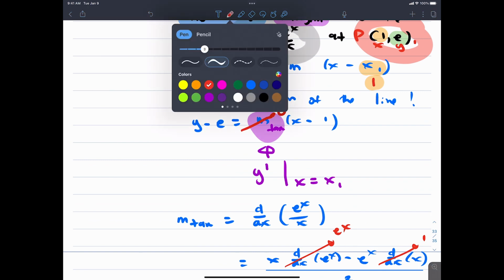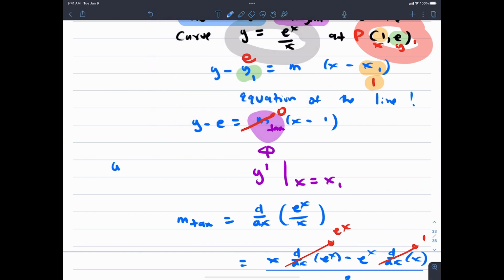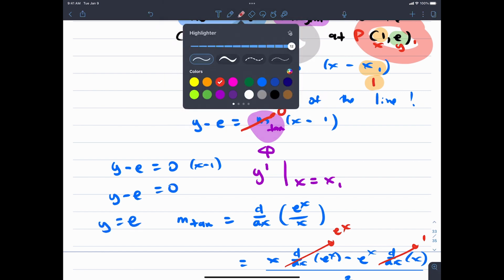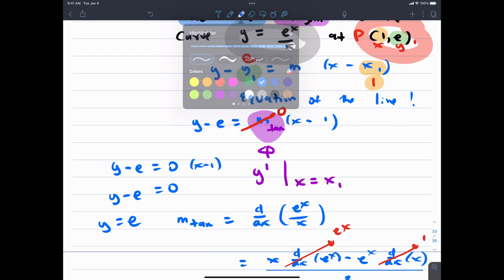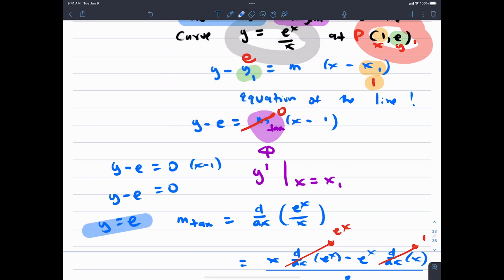So y minus e is 0 times x minus 1, or y is just e. This is the equation of the line tangent to the curve at the point (1, e).